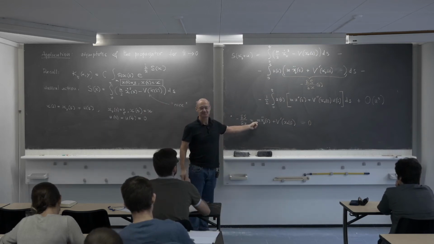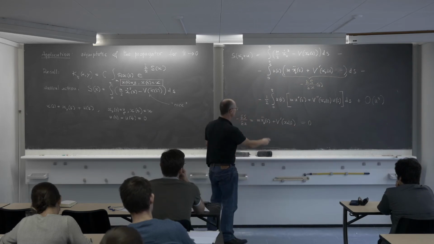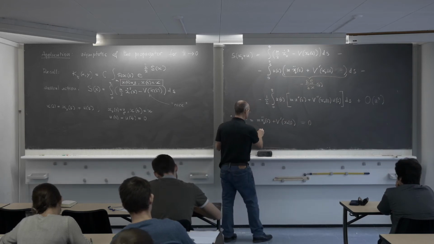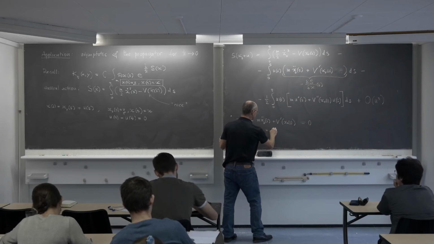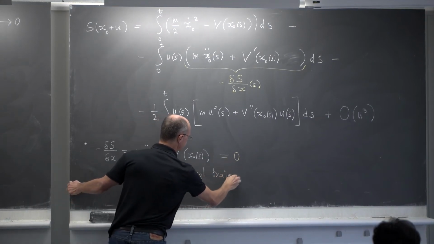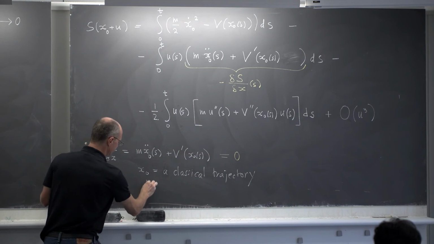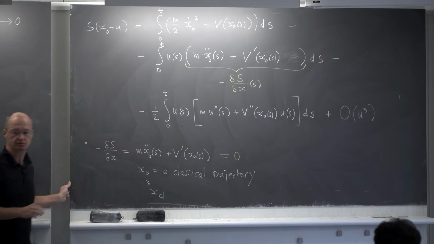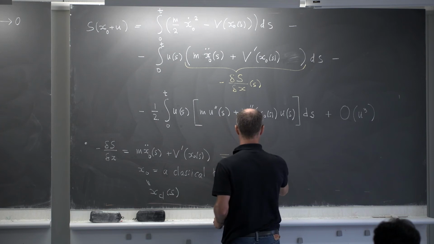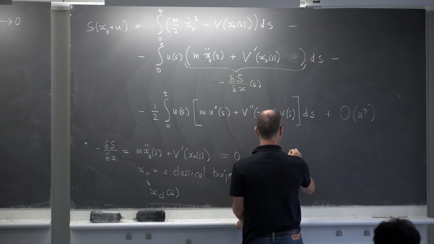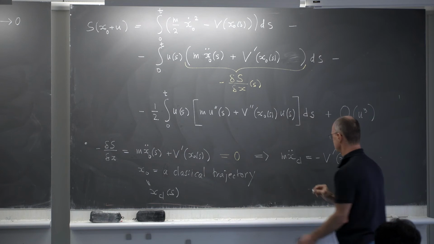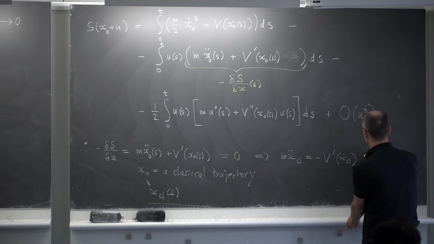All right, so if this first term is equal to 0, then x naught is called a classical trajectory, and sometimes denoted x classical of S. And note that this equation is actually something that we know from high school.